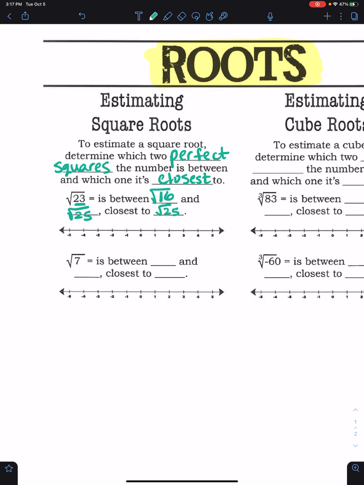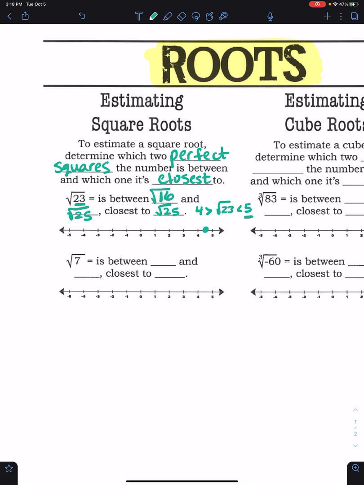So that means it's greater than 4, but it is less than 5. It's actually closest to 5. So on the number line, if we were going to graph it, it would be somewhere between 4 and 5, closer to 5, so approximately here.